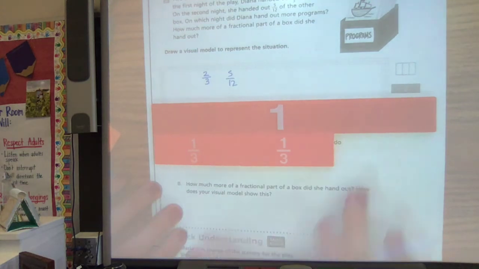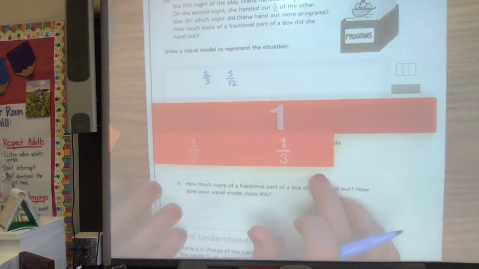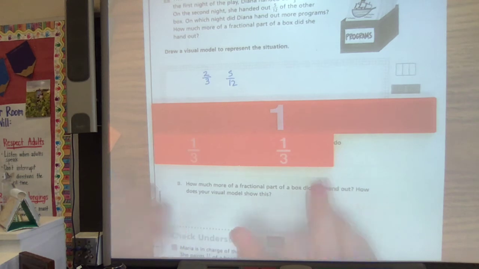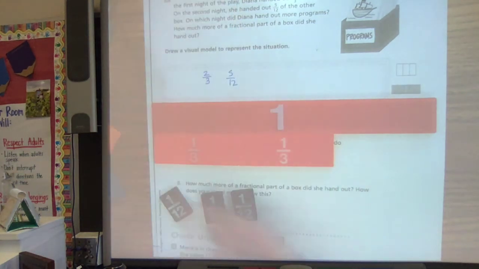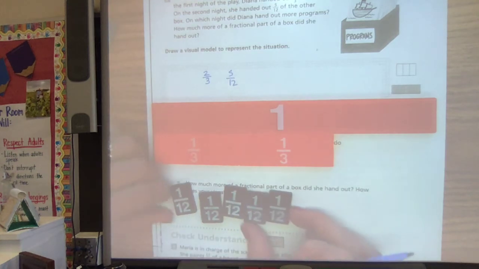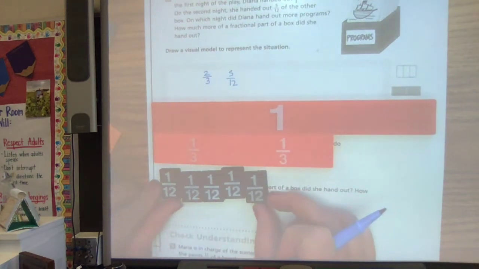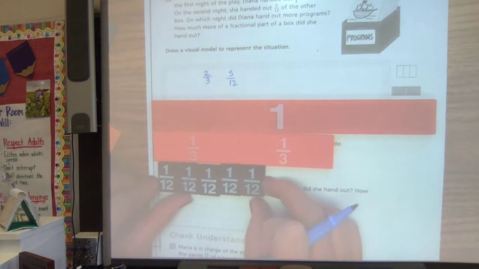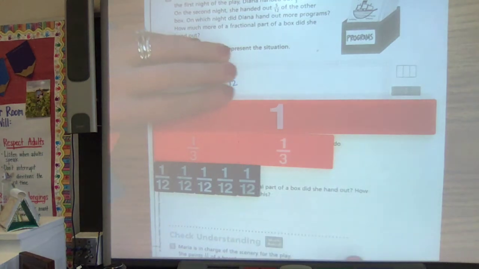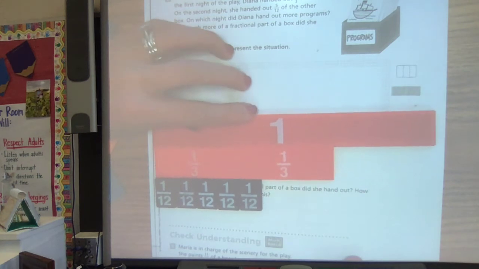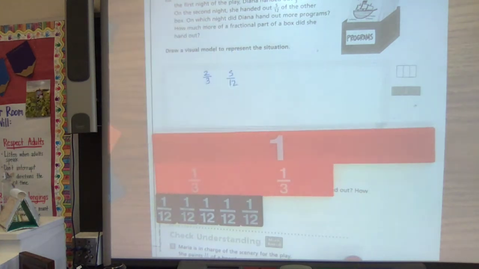So we said 2/3 is a big chunk of the whole. And if I have 5/12, I said I knew that that wasn't even half. Okay, so by doing this, I can see that 5/12 is less than 2/3. I'm kind of proving that now.